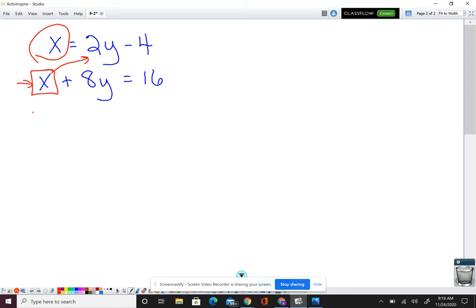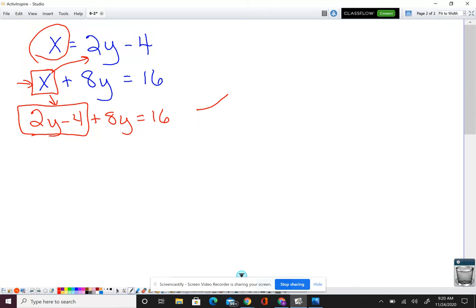So we're going to rewrite the second equation to be 2y minus 4, that's the x stuff, plus 8y equals 16. So this all represents what x is equal to, and I just rewrote the rest of the equation the way it is originally written.